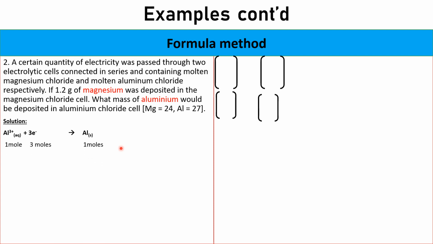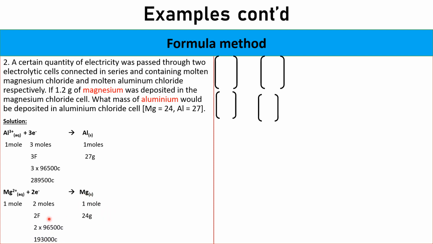So 3 moles of electron, 1 mole of aluminum. 3 moles of electron is equal to 3 Faradays. 1 mole of aluminum is 27 gram. 3 Faraday is equal to 289,500 coulomb. Magnesium is a divalent metal. It gains 2 moles of electron to form 1 mole of magnesium. That's 2 moles of electron is equal to 2 Faradays. 1 mole of magnesium is equal to 24 gram.